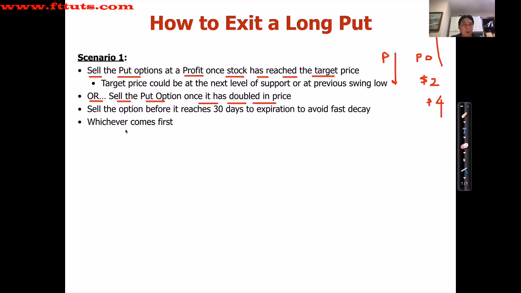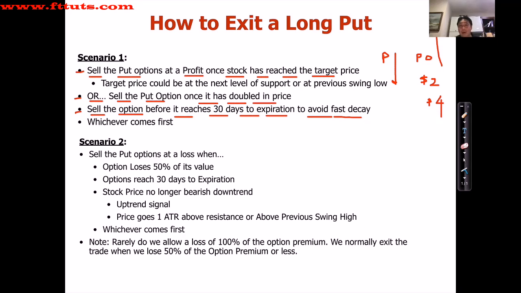Or we sell the options before it reaches 30 days to expiration to avoid the fast decay. So you either do A, B, or C, whichever comes first. So if your options double in price, exit. If the stock price reaches the target price, exit. Or if your options are hitting 30 days to expiration, exit, whichever comes first.